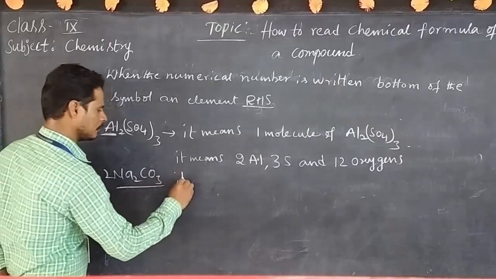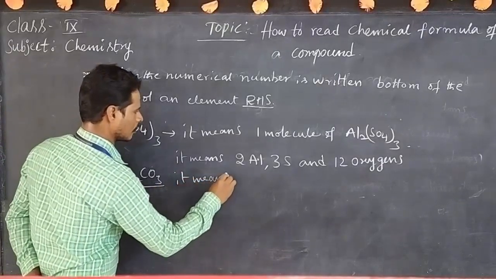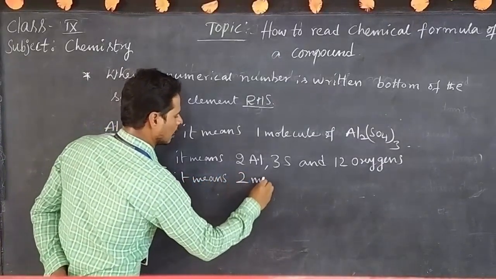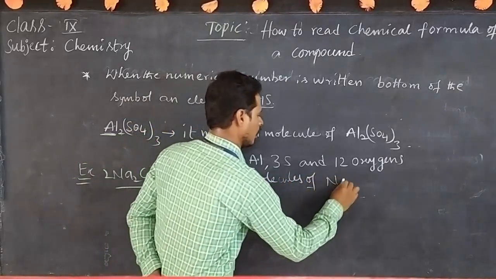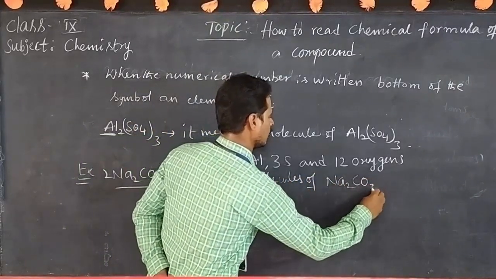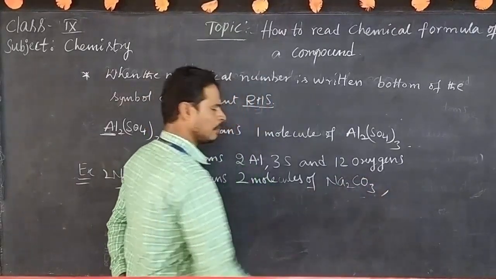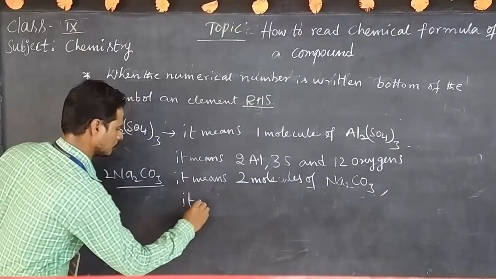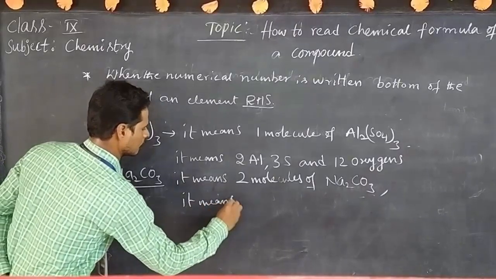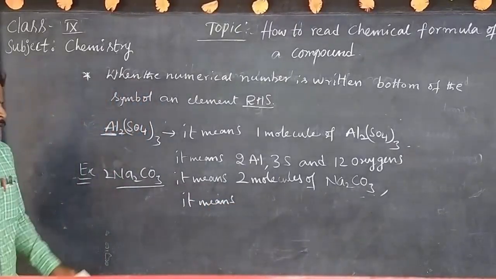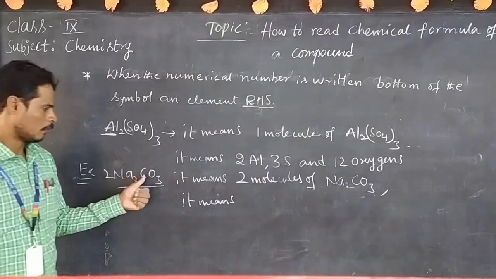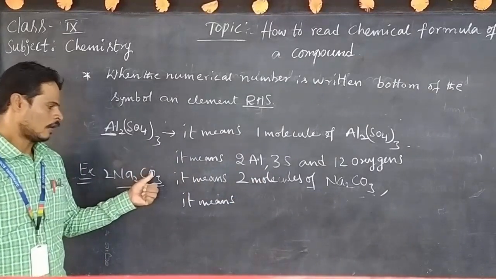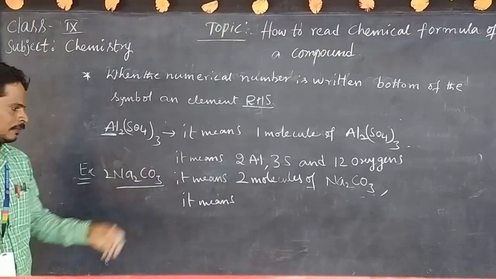So it means 2 molecules of Na2CO3. It means two molecules of sodium carbonate contain how many sodium atoms, how many carbon atoms, how many oxygen atoms. We can identify.